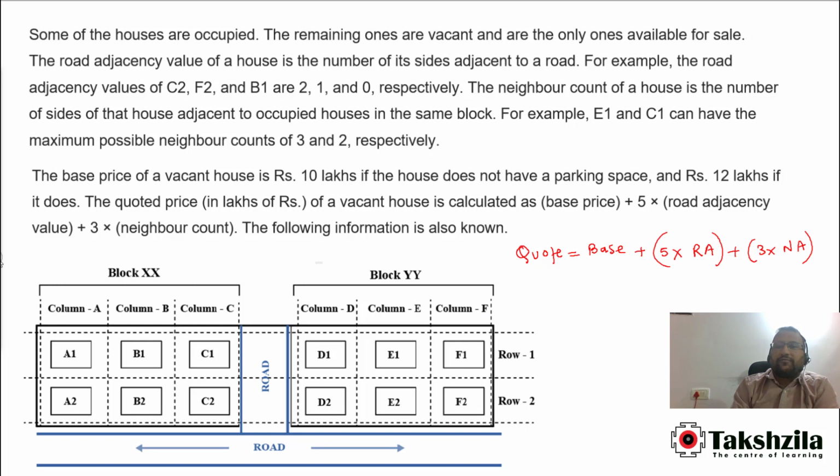The base price of a house is going to be either 10 lakh or 12 lakh depending on the parking. The road adjacency value is going to be minimum 0 and maximum 2. And the neighbor adjacency value, let's have a look at it. The neighbor adjacency value can be 0, 1, 2 and the maximum it can be 3. So this is how we can find the quoted price.